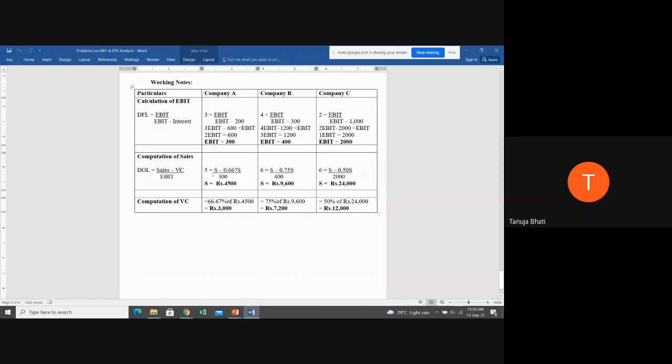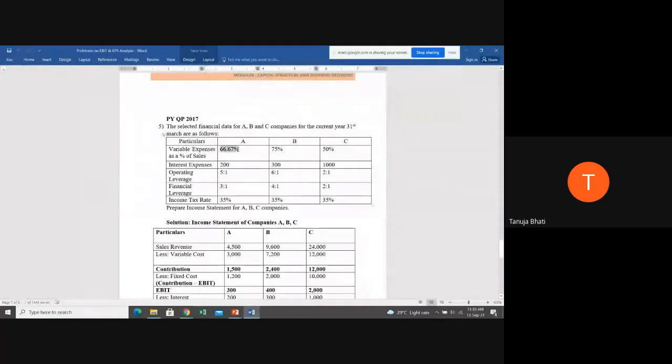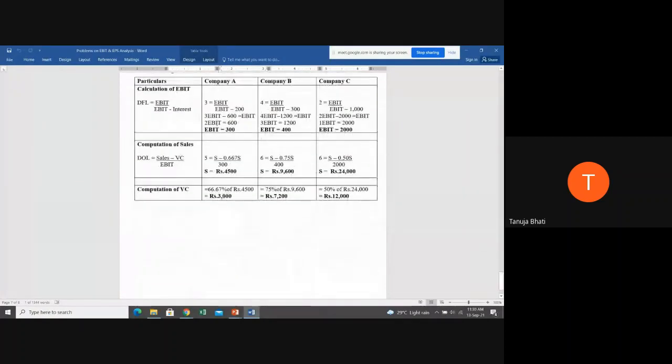So your degree of operating leverage is 5, already given in the problem. Sales is unknown, so you have kept it as S, minus variable cost. Variable cost is 66.67% of sales, so it will be 0.667 S, because if sales is 1 and variable cost is 66.67% of sales, then your variable cost is 0.667 S, divided by 300.